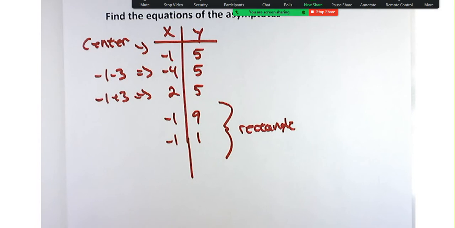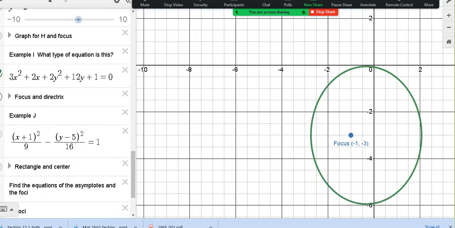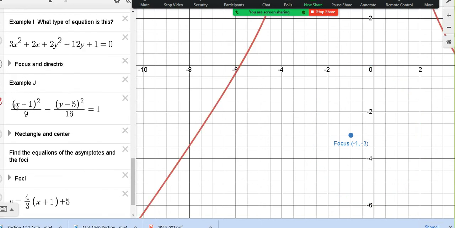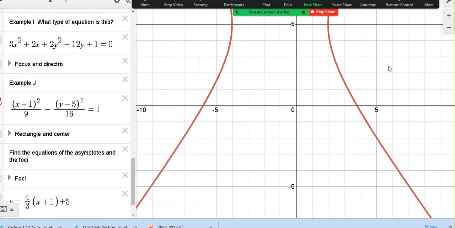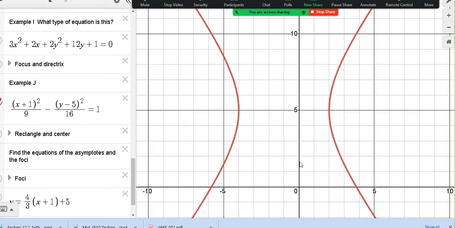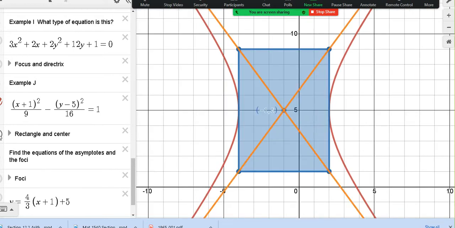Let's take a look at that on Desmos. So I'll shut that off, turn that one on, and get rid of that as well. So hit the home button. There we go. Let's do the rectangle, and that's looking pretty good. So negative 4, 5, we got that one. 2 and 5, we got that one.